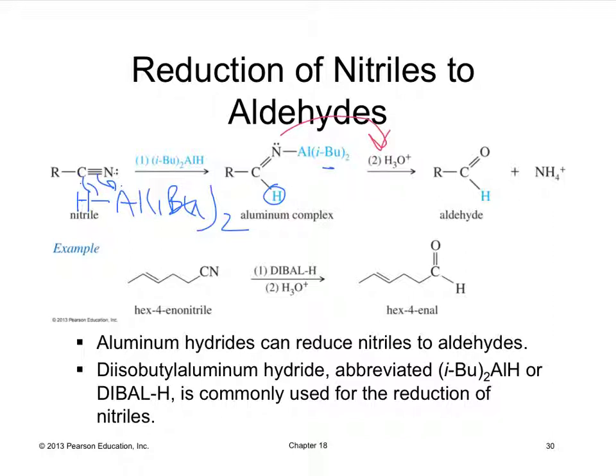Now you're going to generate, sorry about this, it's going to look messy, but hopefully you can see what's going on. Here's your protonated version, aluminum, and I'm not going to add the isobutyl group, but that's over here on one end. And so here's what you have, and then you have H2O, right? That remains because you've deprotonated.